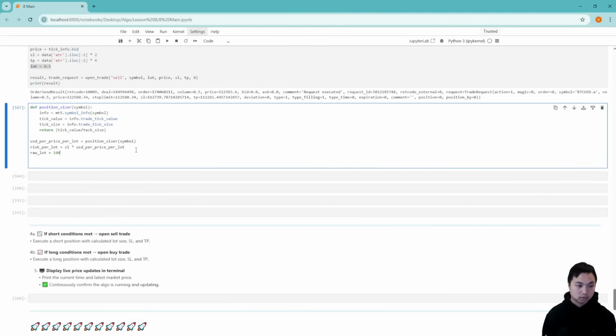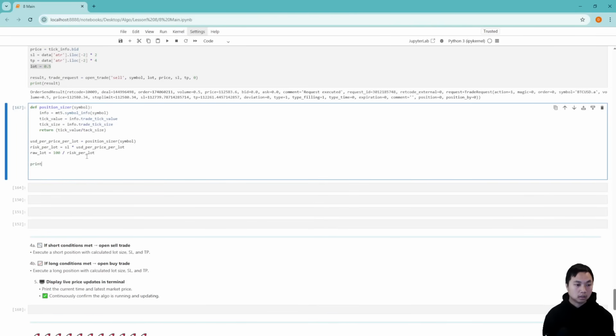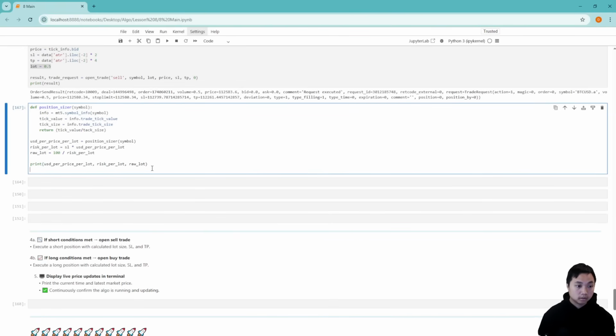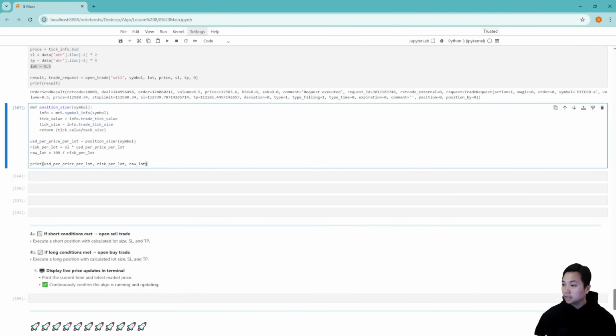Say here we would like to take $100 for this risk, and just divide it by the risk per lot, and that will return the lot size required to have a $100 risk. Let's print this value and see what we have.